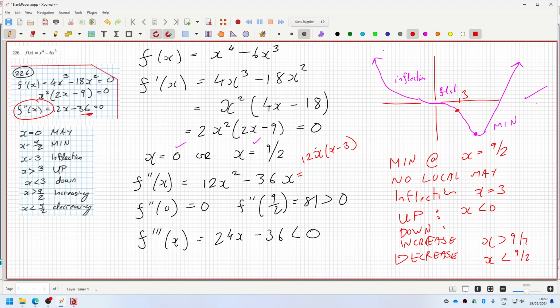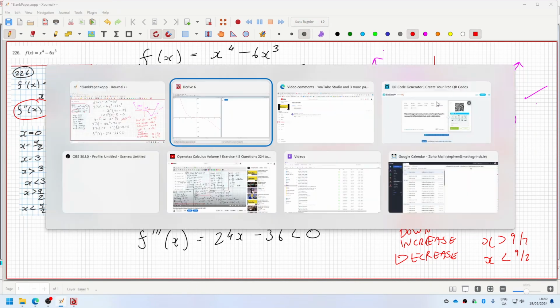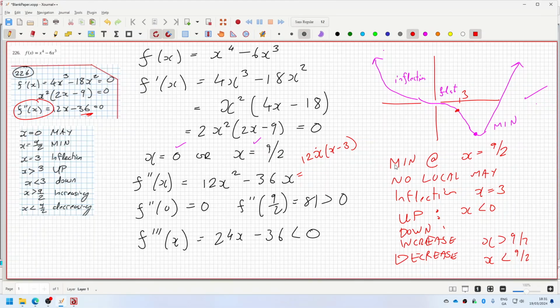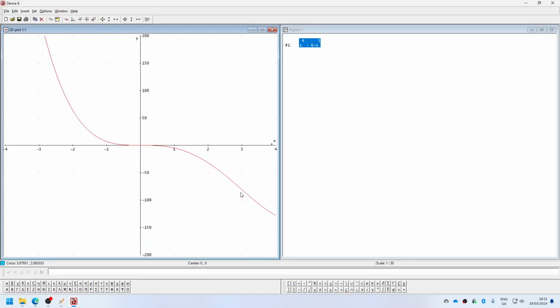Did I just copy this? Well, it is 3. So that's actually a saddle point at 0. Okay, a saddle at x equals 0 and an inflection at 3.